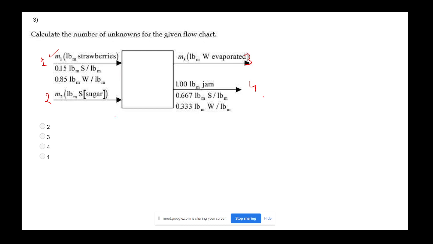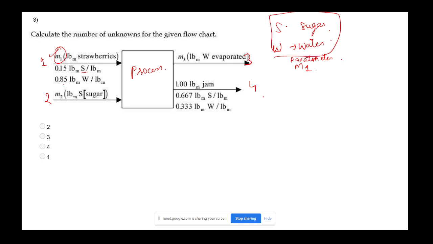For all the streams you will have mass, where S represents sugar here, W represents water in that stream. Okay. So you are taking M1 as the stream of strawberries, you are giving it to the process. Now M1 is like a parameter.